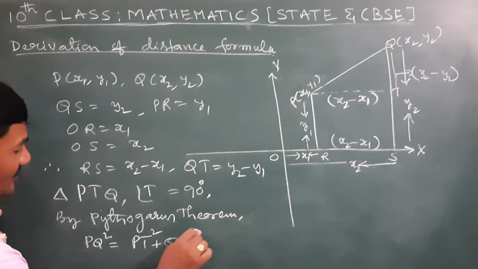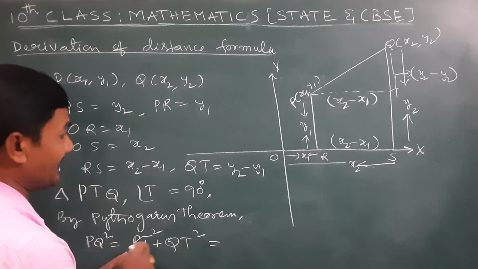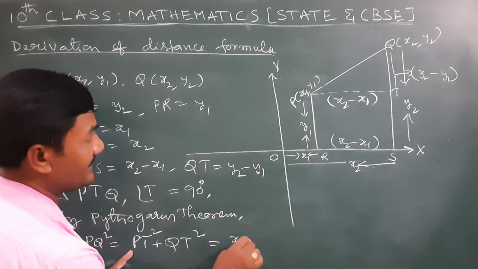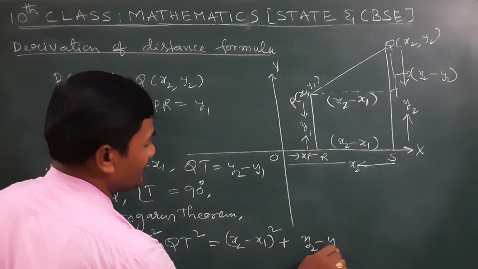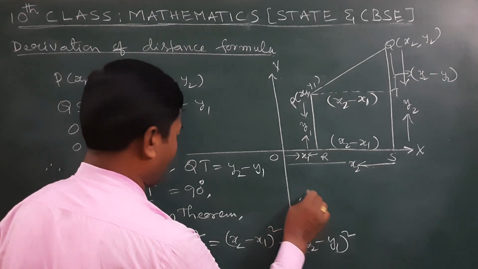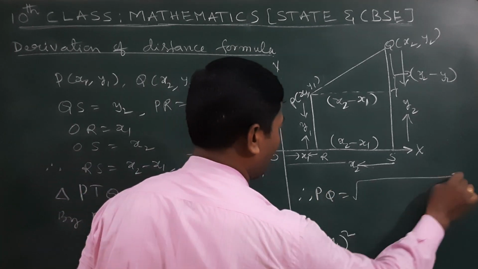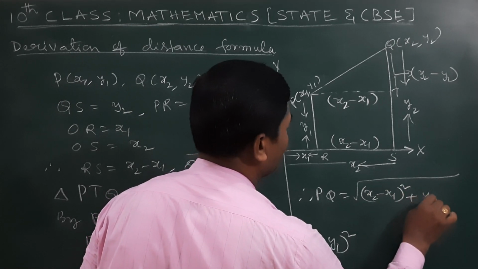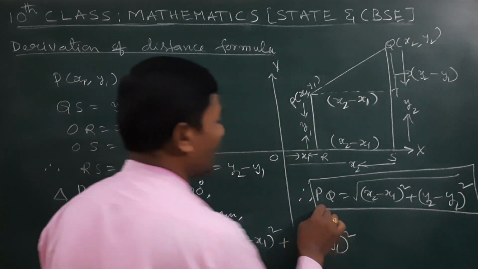What is PT square? PT square is X2 minus X1 whole square, plus Y2 minus Y1 whole square. Therefore PQ is equal to root over X2 minus X1 whole square plus Y2 minus Y1 whole square. This is called the distance formula between 2 points.